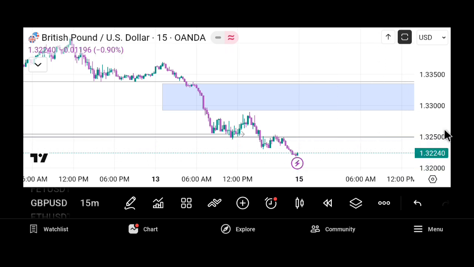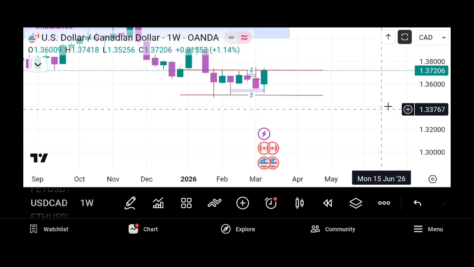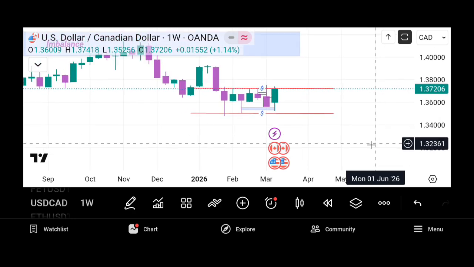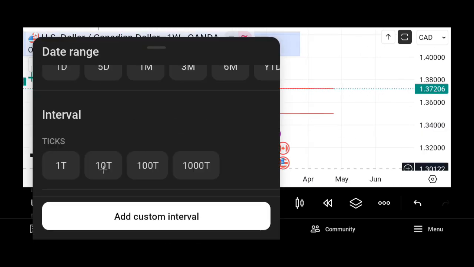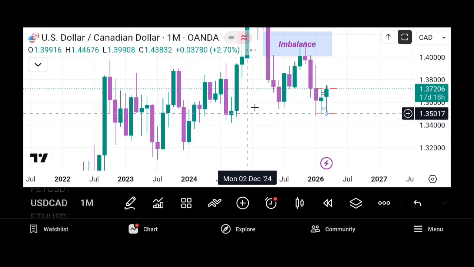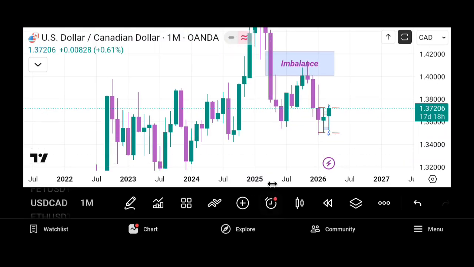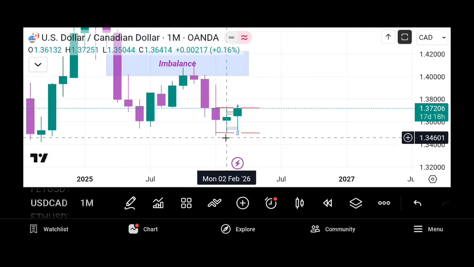So let's go to the next pair, which is USDCAD. Here we are on USDCAD, and for the last 2 weeks I've been calling here the long-term draw, and if you remember, I said on the monthly time frame I labeled this as an indecisive candlestick, which is this low.